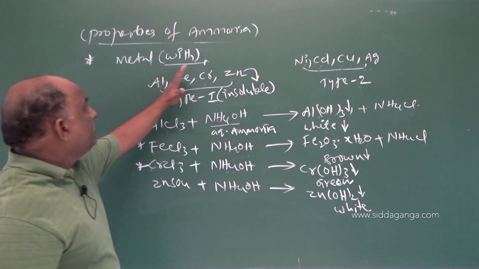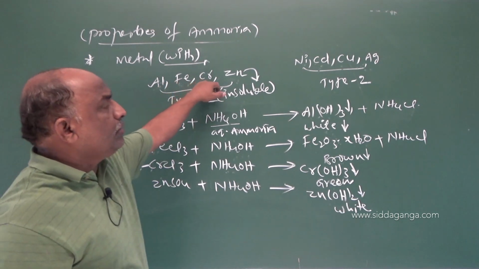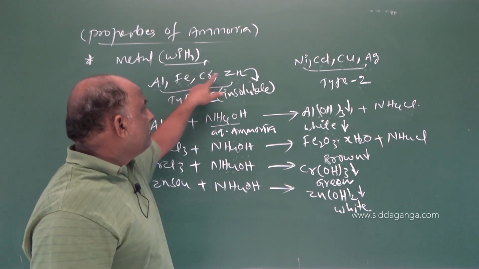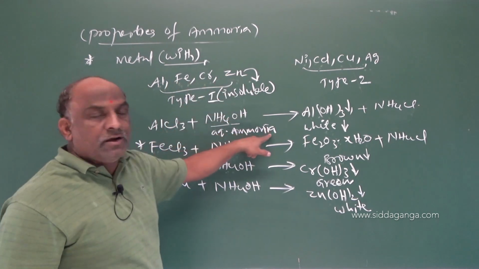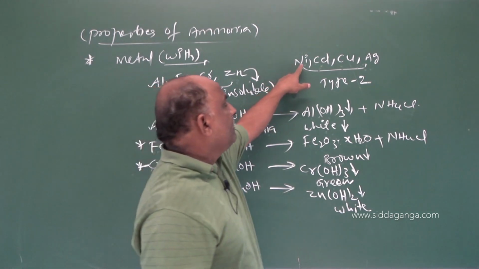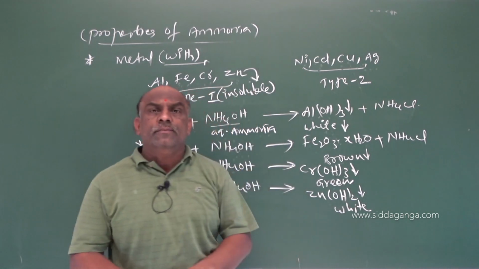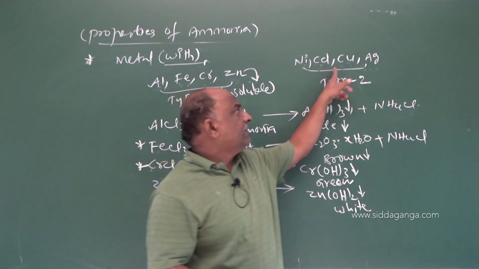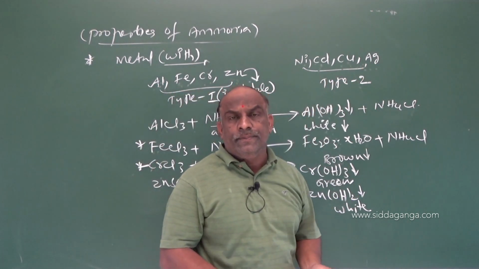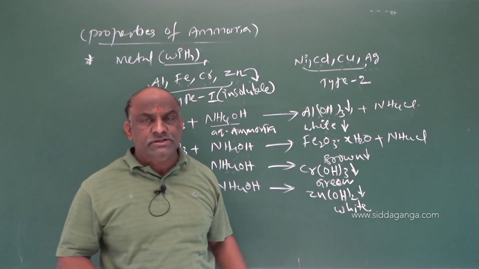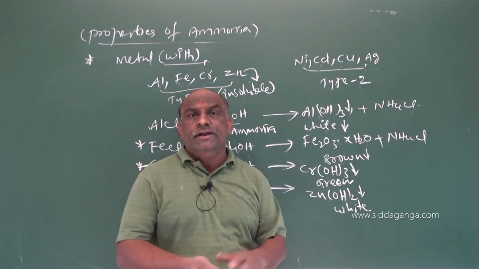So this is type 1 reactions, aluminum, iron, chromium, zinc. These metals are insoluble in aqueous ammonia. While coming to this part, nickel, cadmium, copper, silver, these metals also react with ammonia, meaning these are ready to dissolve in aqueous ammonia.